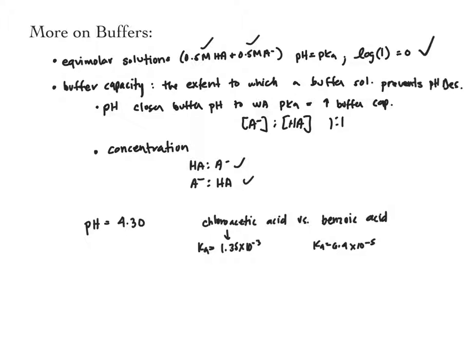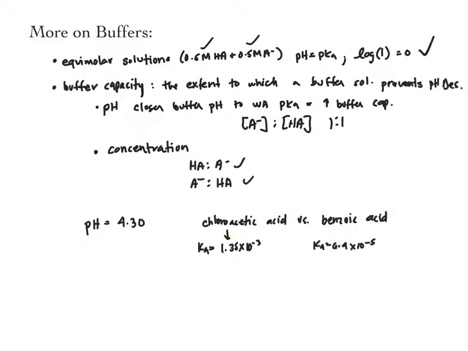And he's going to prepare that from one of these two acids and a salt containing the conjugate base. So in order to determine which one we would choose, the chloroacetic or the benzoic acid, we're going to utilize our knowledge about how buffer capacity is maximized.